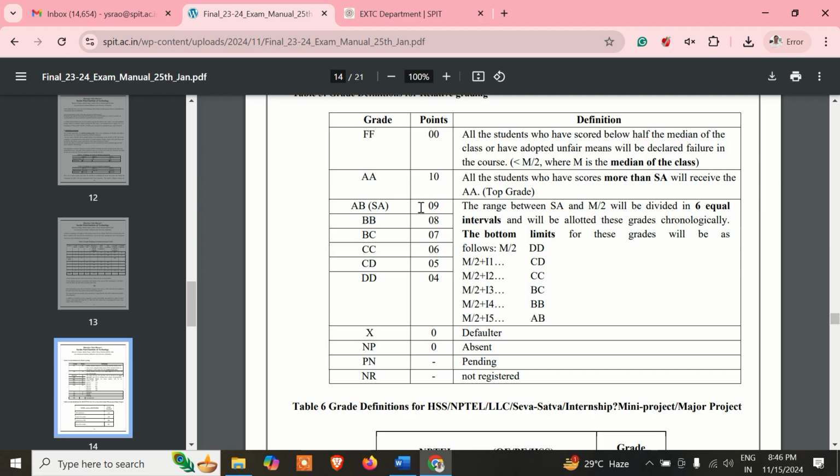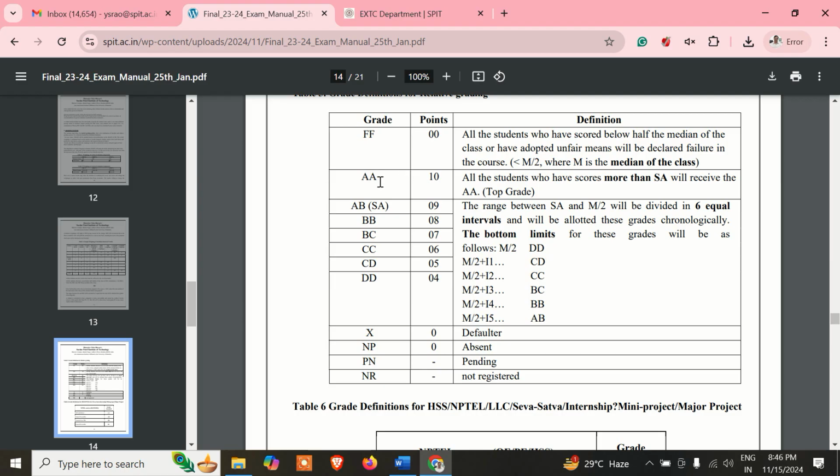Now between AB, that is my SA value, to DD, it is divided into 6 equal steps, equal intervals.